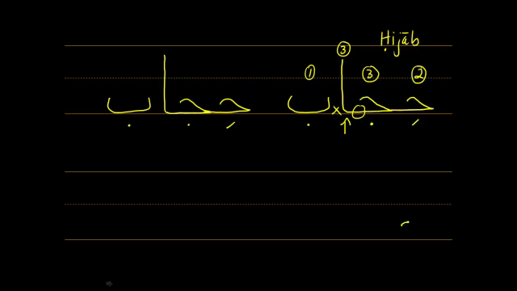Let's write it one more time. Ha with a kasra, jim, the dot, alif, and ba. There you go. We have our word hijab.